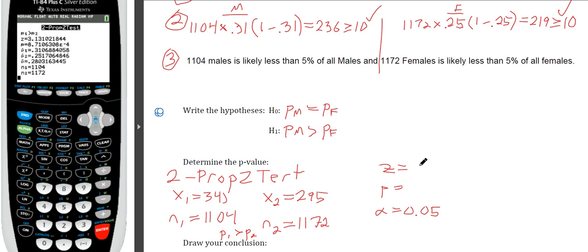Run that, we get Z is 3.13 approximately. And we get p-value of 8.71, but notice that there's scientific notation at the end of that. So 8.71 e -4, which means 0.000871. That is incredibly small, and we get definitely that p is less than alpha.